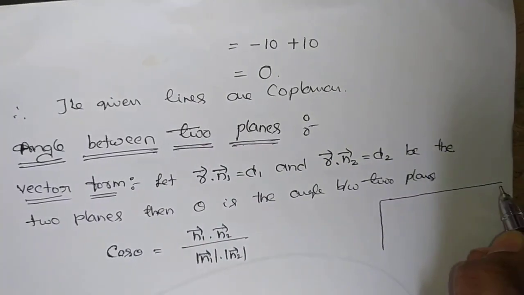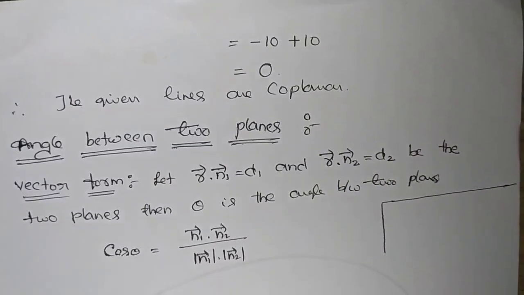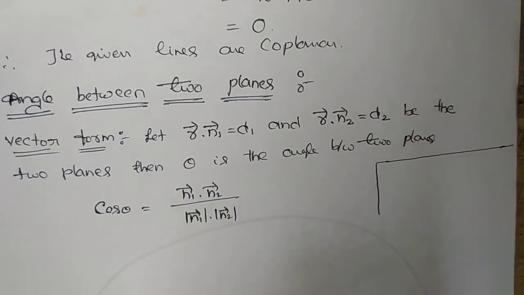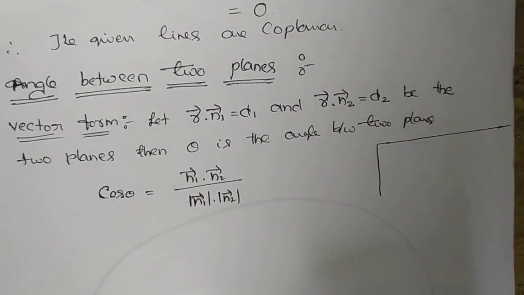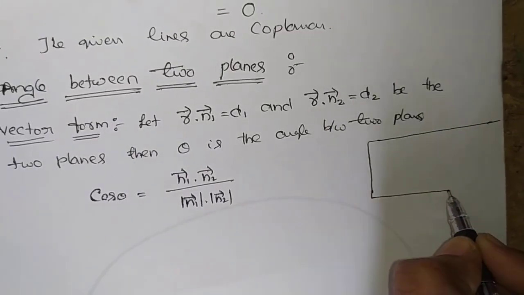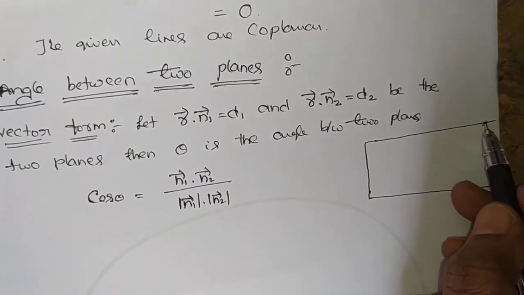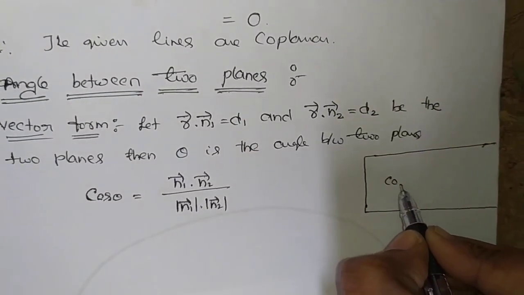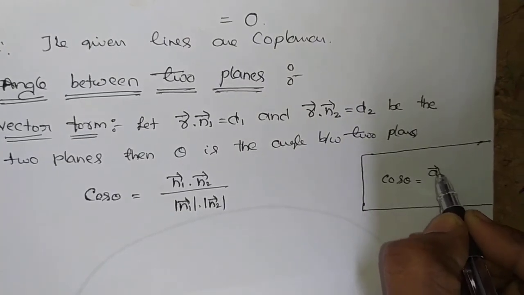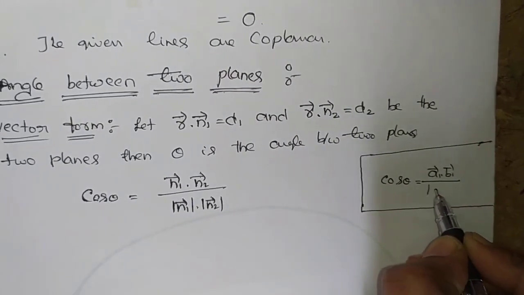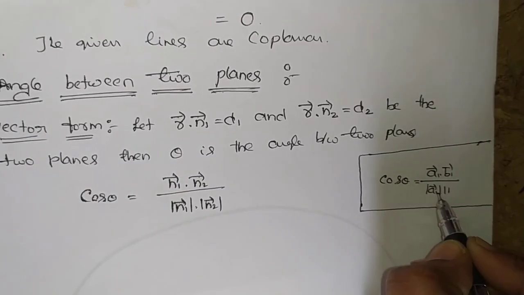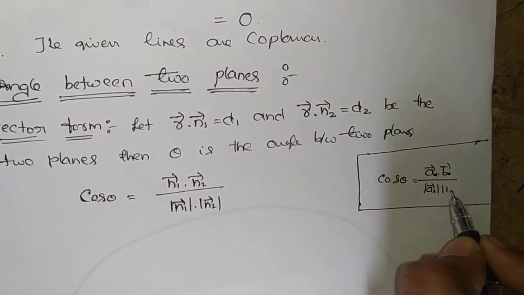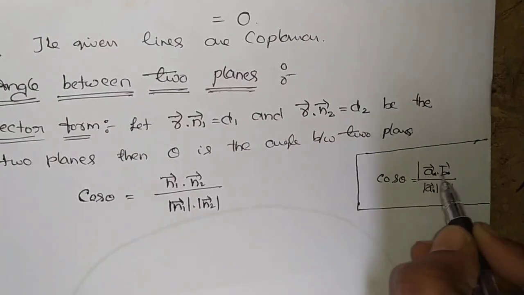You just remember the formula for finding the angle between two vectors using the dot product. In the dot product, we have cos theta equals a vector dot b vector divided by magnitude of a times magnitude of b.